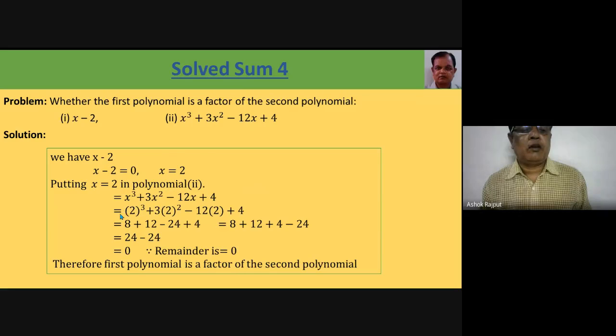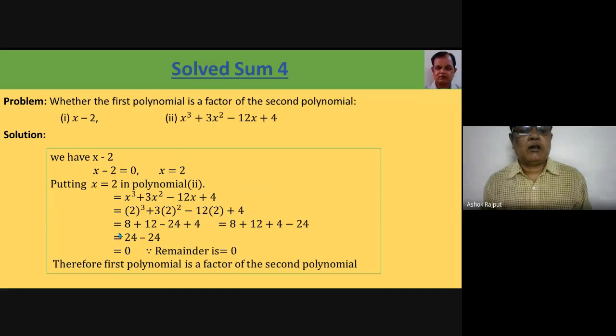And we have written here, at the place of x, 2 cube, 2 square, multiplied by 2. The cube of 2 is 8. The square of 2 is 4. 4 times 3 is 12. 12 times 2 is 24. It is 4.